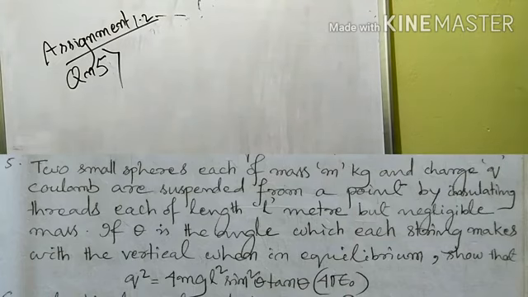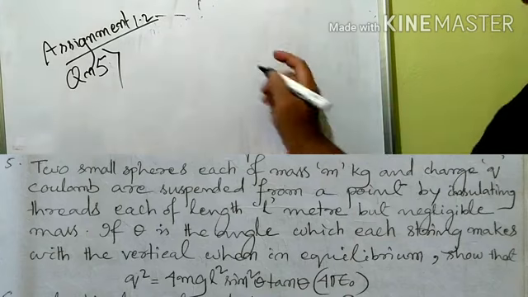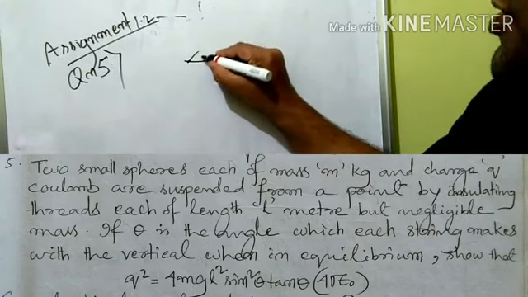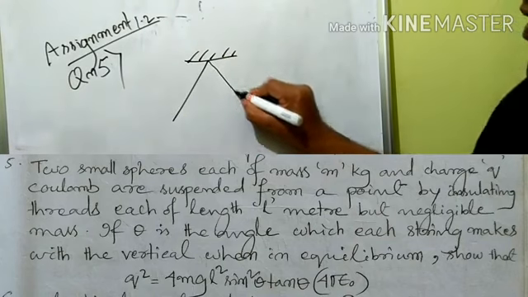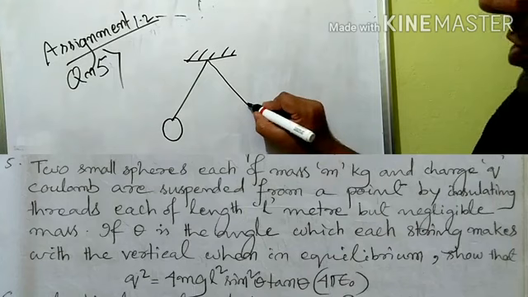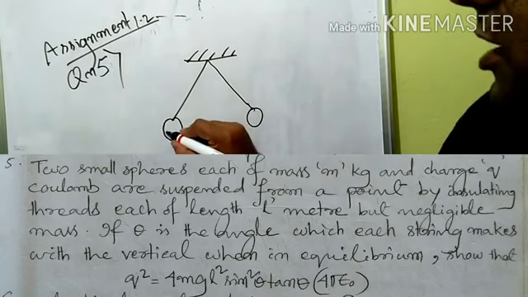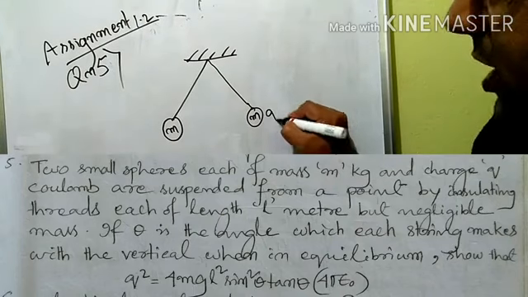What it asks is, two small spheres each of mass m kg and charge q coulomb are suspended from a point by insulating threads each of length L meter. Okay, so two spheres each of mass m kg and charge q coulomb, both are having charge q.